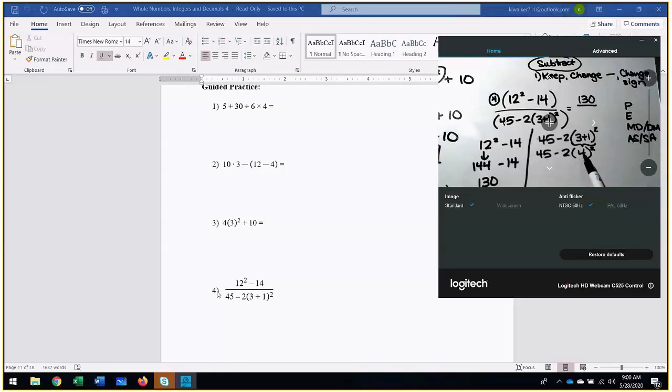Then I'm going to move on to my exponent. So this is 4 times 4. It's 4 to the second power. 4 times 4 is 16. So that takes care of the exponent step. That's done. Now I'm going to look for multiplication and division. I see multiplication right here. 2 times 16 is 32.